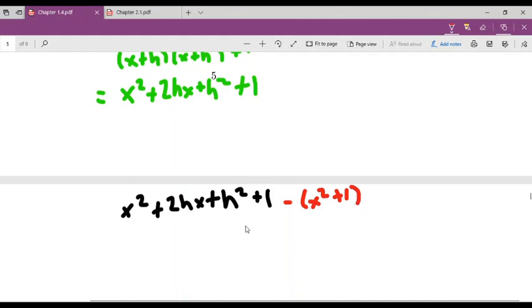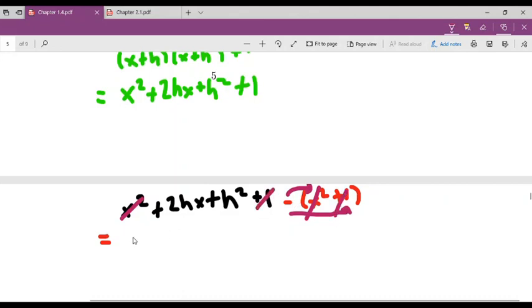Okay, and then we're going to simplify. So we'll simplify in a completely different color altogether. We need to distribute this negative here. So it needs to go to the x squared, but it also needs to go to the 1. Okay, so if it goes to the x squared, minus x squared is going to cancel this out. 1 minus 1 cancels those out.